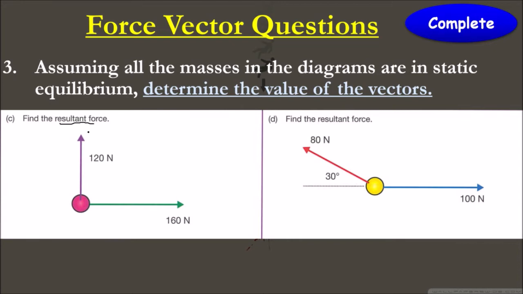Now, a common thing that I see students do is they try and draw this diagonal line and find the hypotenuse that way. The issue with that is if I'm pulling something up like this, and I'm pulling this along this way, then obviously the resultant force should be to drag it diagonally in that direction.